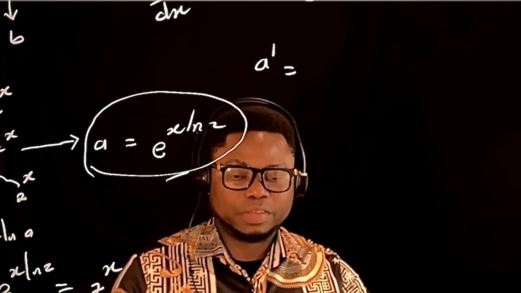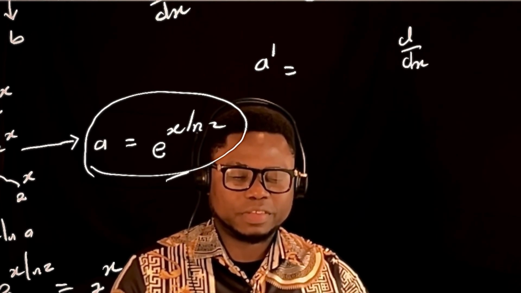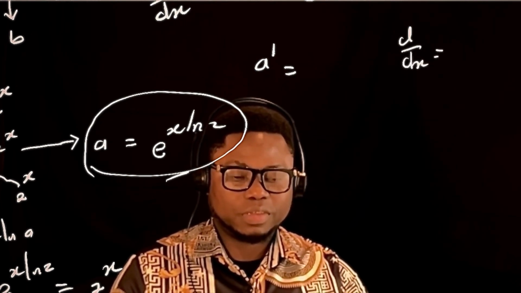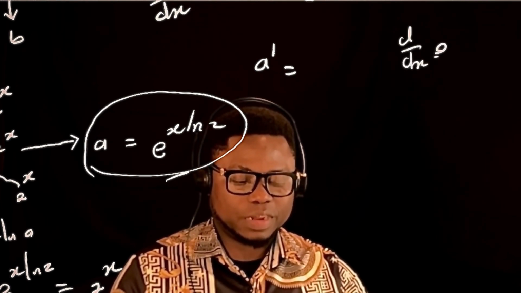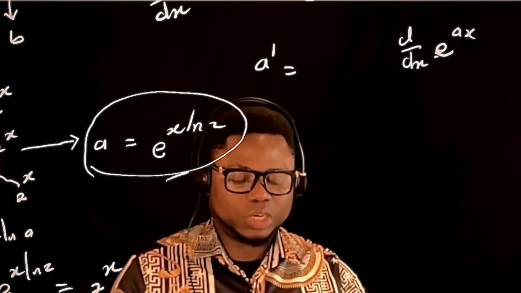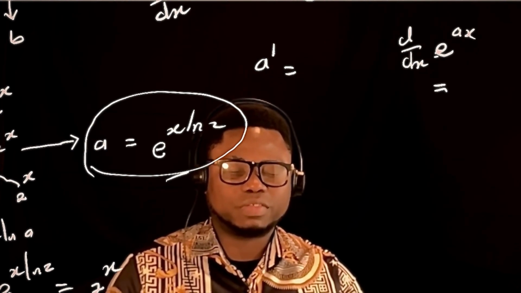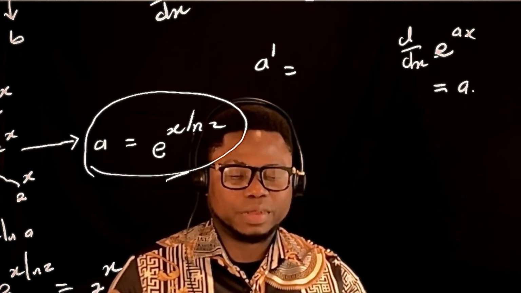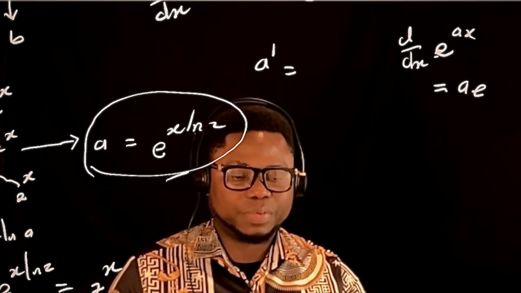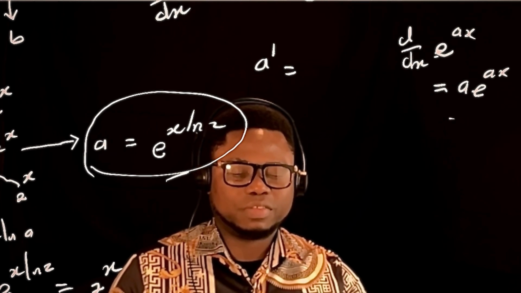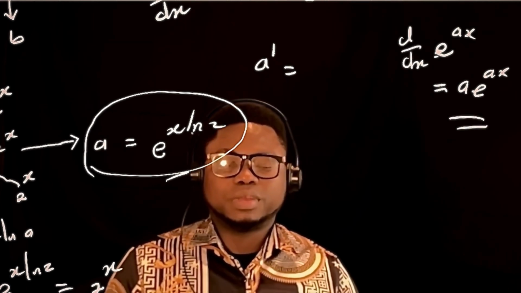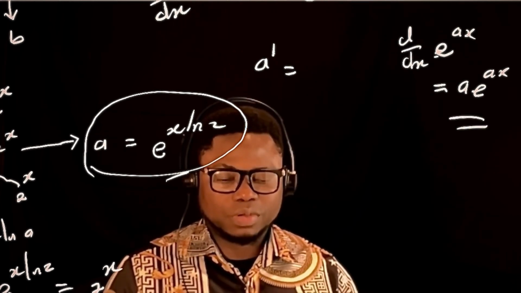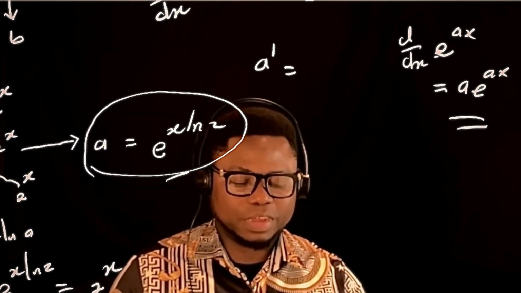There's a formula like this: d over dx of e raised to the power of ax. When I differentiate this, I'll multiply by the coefficient of x, which is a, by e exponent ax. This is how to differentiate this kind of expression. So I'm going to apply it here to find a prime.